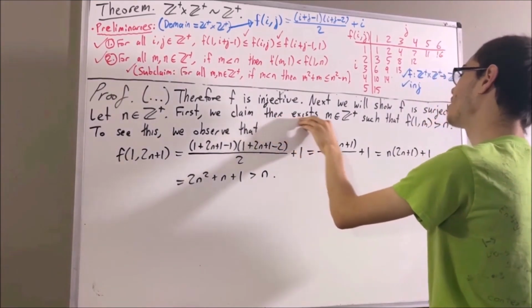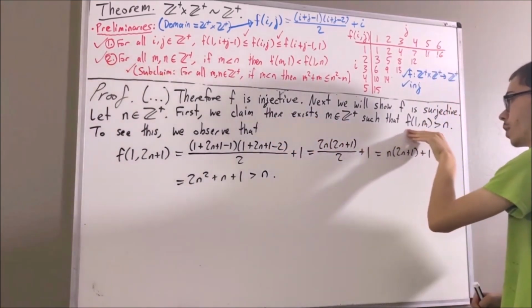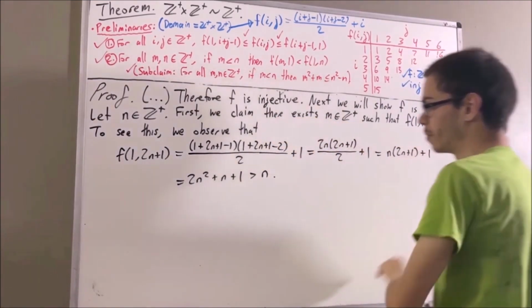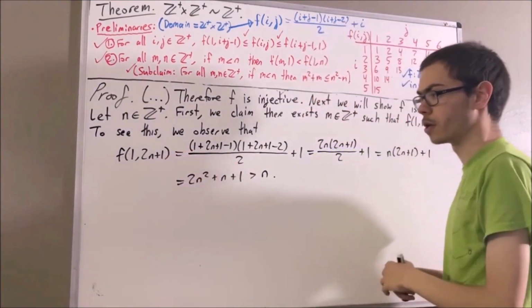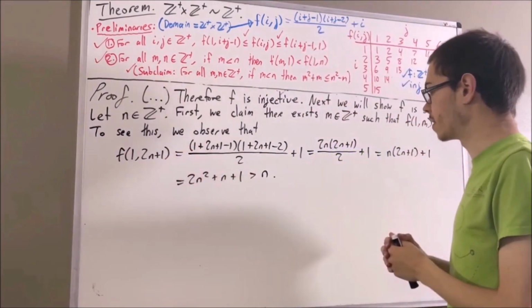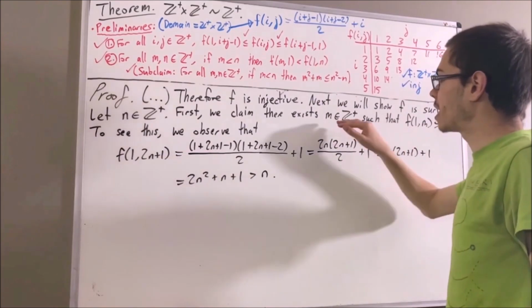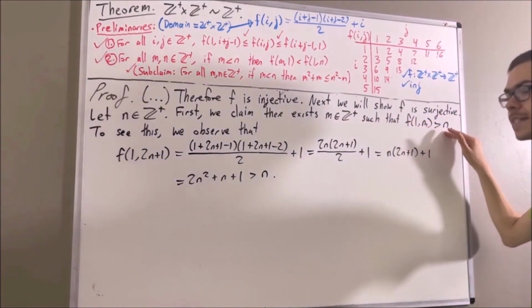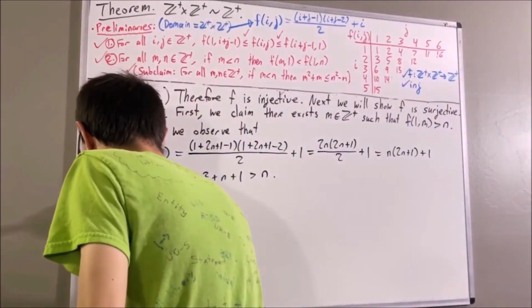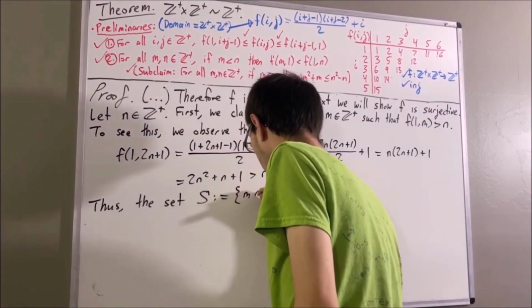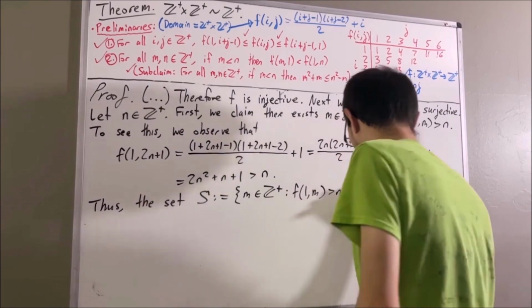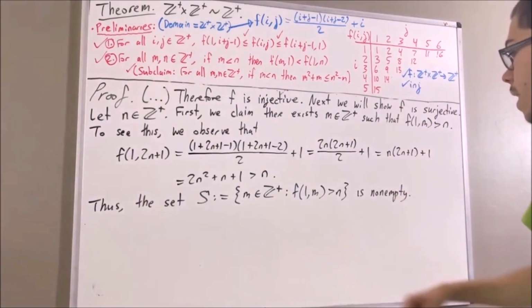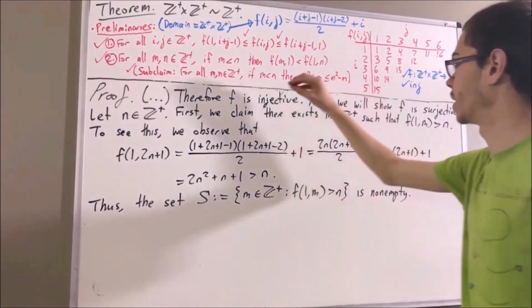So there is a positive integer m such that f of 1 comma m is greater than n, namely 2n plus 1. So what this means is the set of all positive integers m such that f of 1 comma m is greater than n is non-empty. And I'm actually going to write this set up here.